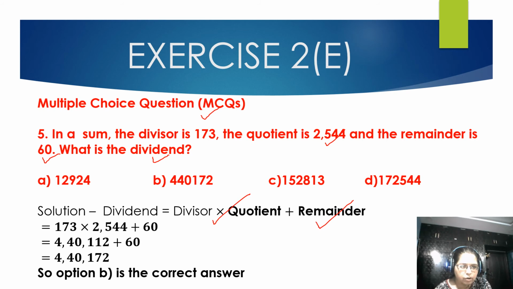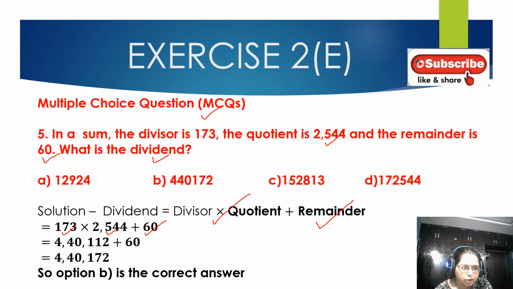So dividend equals 173 multiplied by 2544 plus 60. First we multiply 173 with 2544. We get 4,40,112.